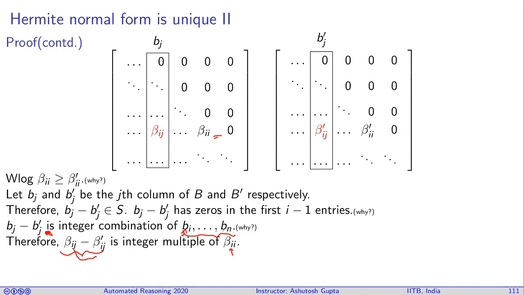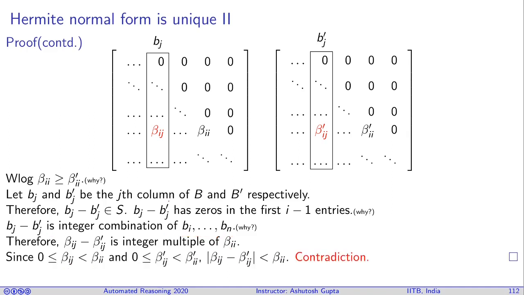Now we can derive the contradiction. Both entries have to be smaller than bii, and I am assuming that bii is bigger than b prime ii, so the difference is smaller than bii. Therefore it cannot be a non-zero integer multiple of bii, and there is a contradiction.